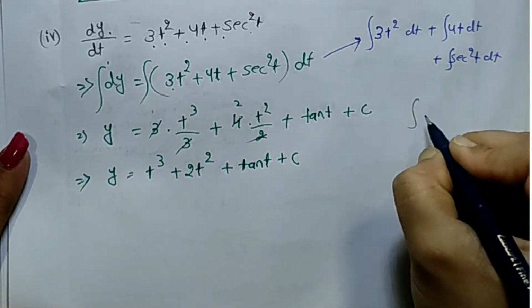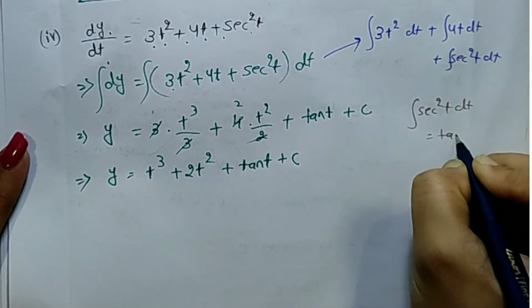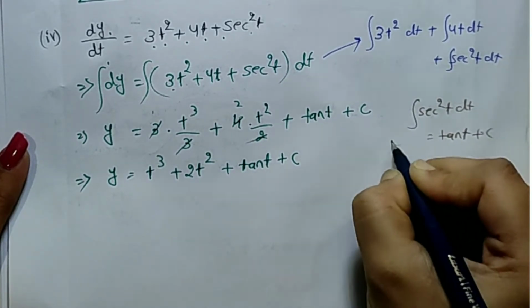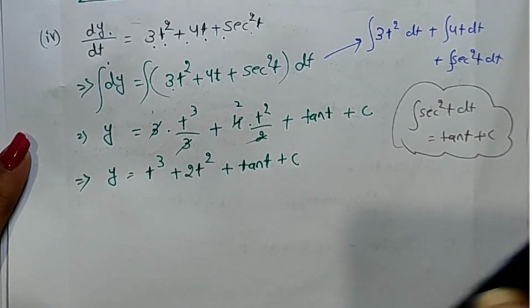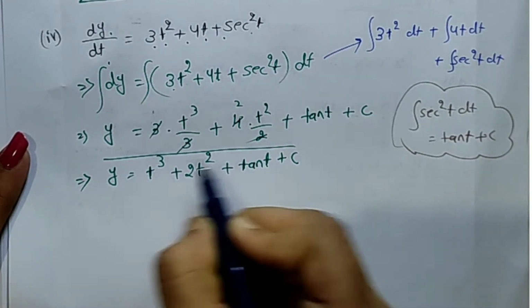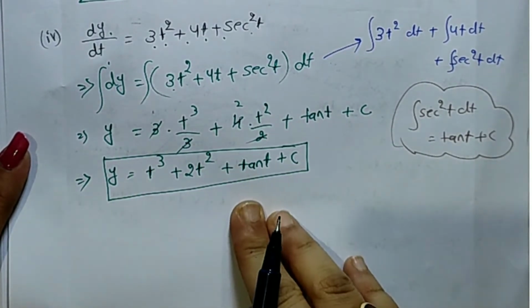Because integration of sec square t dt is equal to tan t plus c. Okay, this is the formula. So this is our general solution. Clear? Let's move.